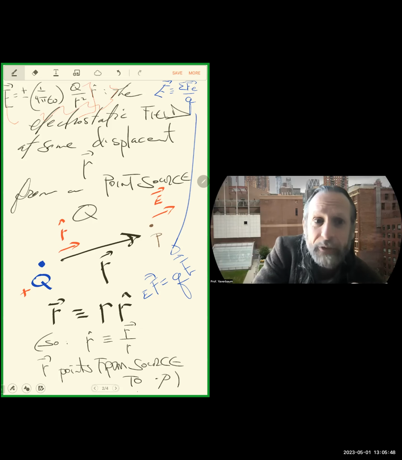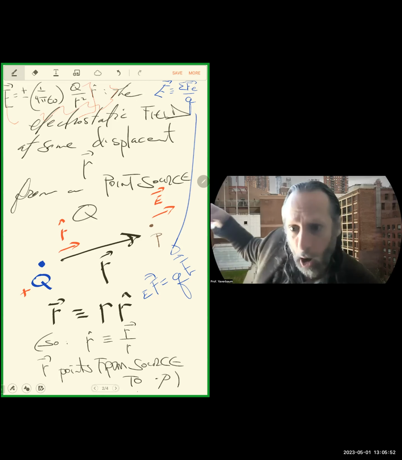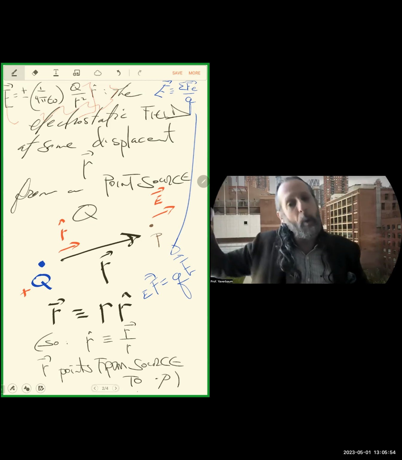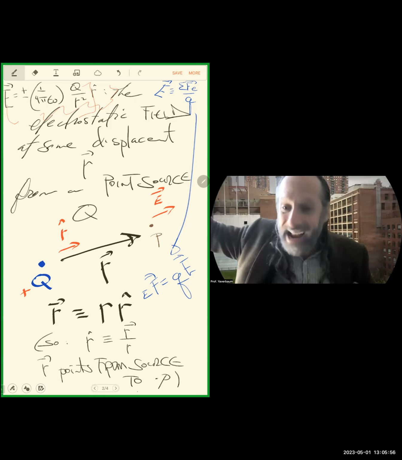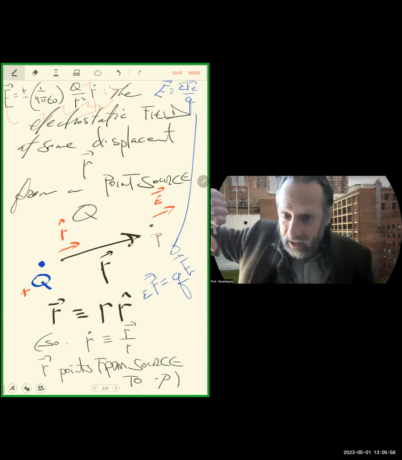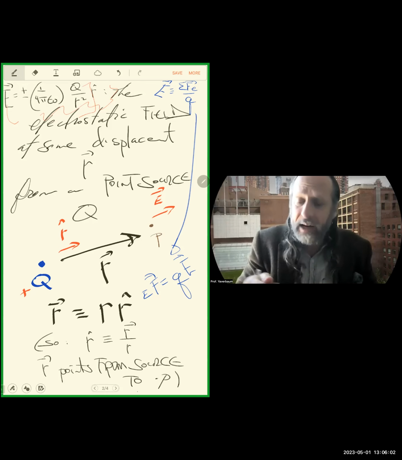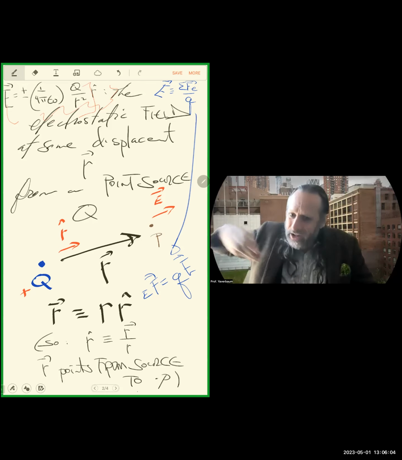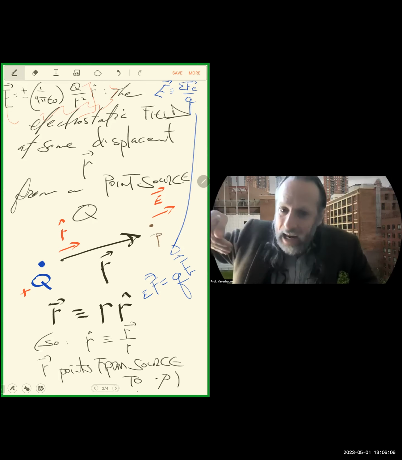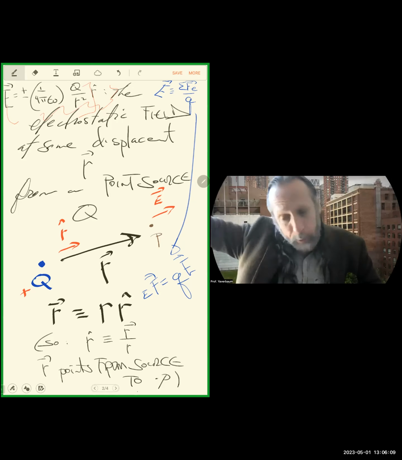Your whole thing will be negative. So what does that mean? It means the direction will be negative times R hat. The whole thing will point along the opposite of R hat. That means if your original source is negative, the whole thing points against R. It points in from the field point to the original source.